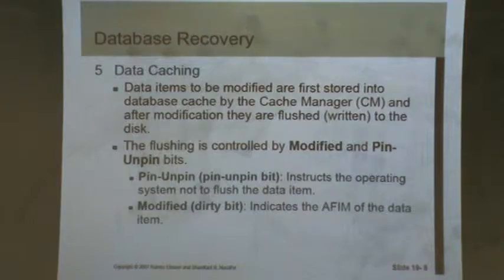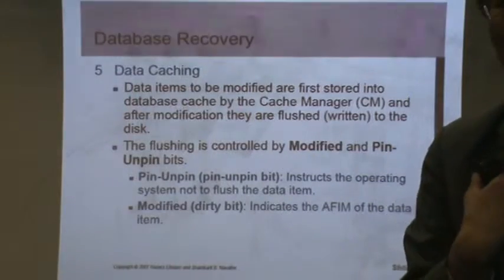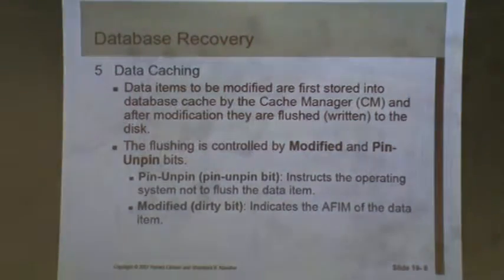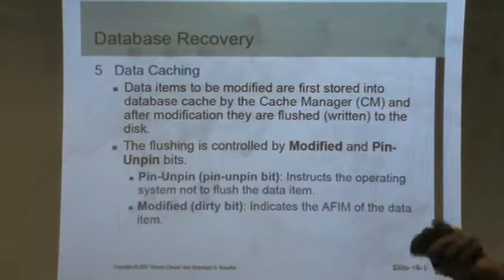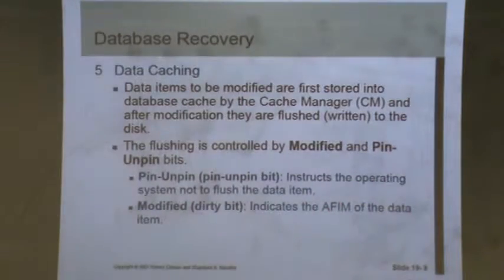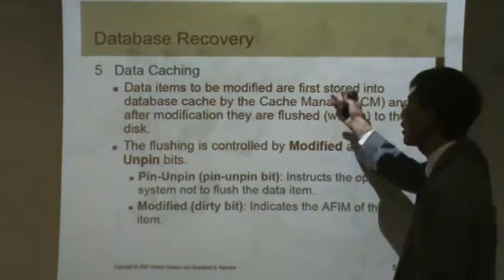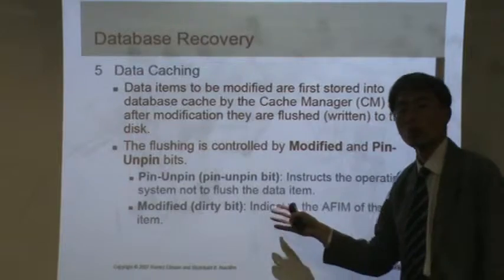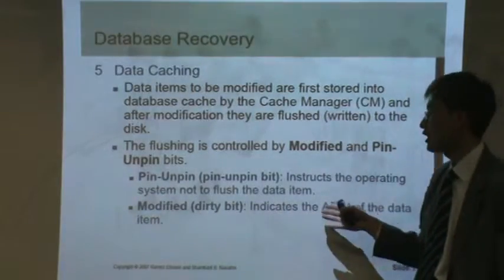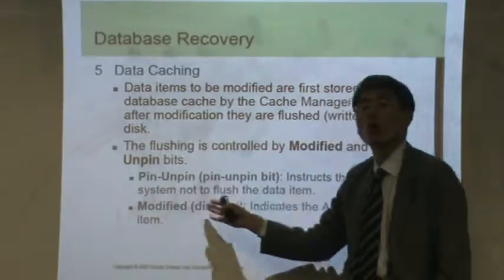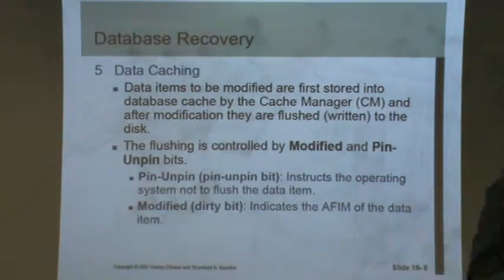However, the transaction that updated the data uses the after image, even before commit. How do you access it? Do you need to access the first data buffer? No, you don't have to. Instead, the cache manager checks the bit, one bit for each block, to see whether this is the before image or the after image. That is the modified bit.